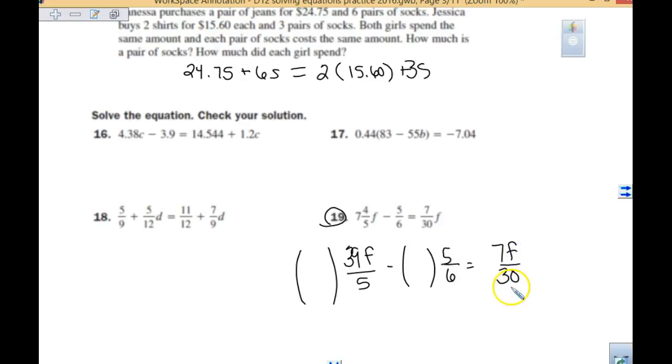What should I multiply every single one by, Adam? 30. So as I multiply by 30 over 1. This is the best one in the back, right? 30 over 30 leaves me with just 7F. And now I'm going to go here.